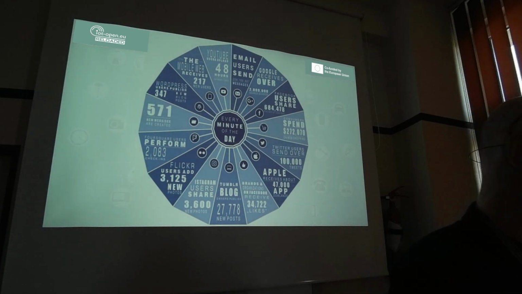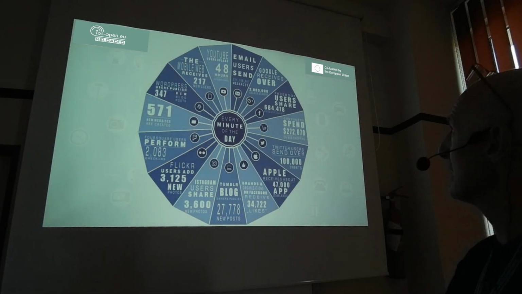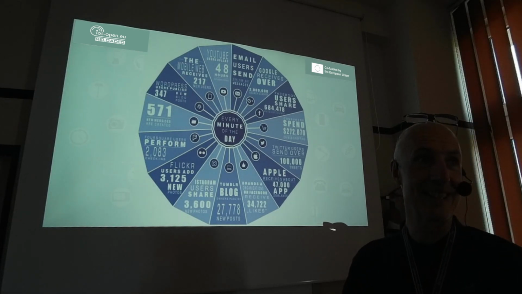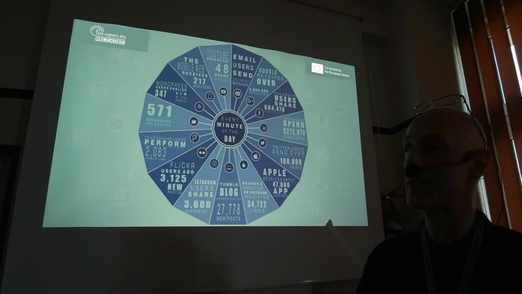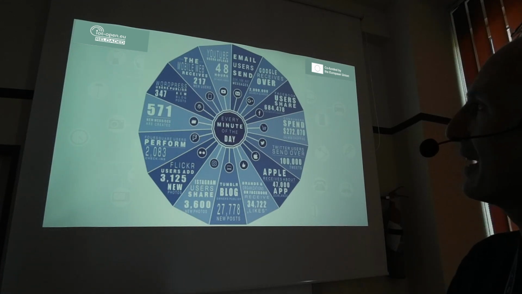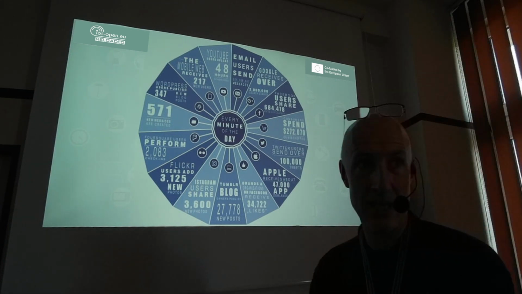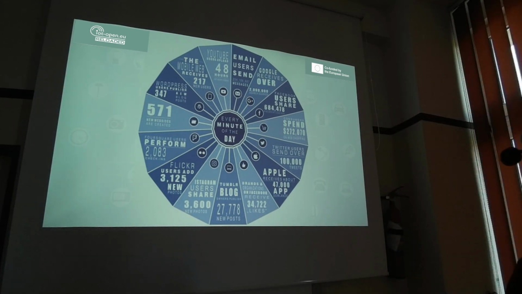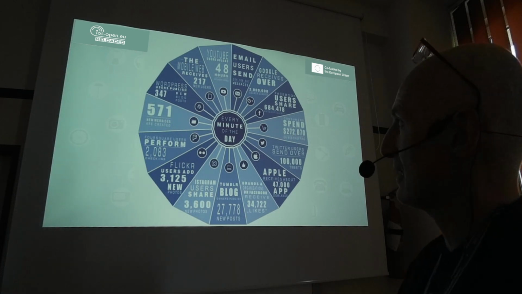So here you have what happens every minute, but honestly, this is the data for 2015, which is almost 10 years ago. I wonder if you know it, but for every minute of the day, there are around 600 new websites created.